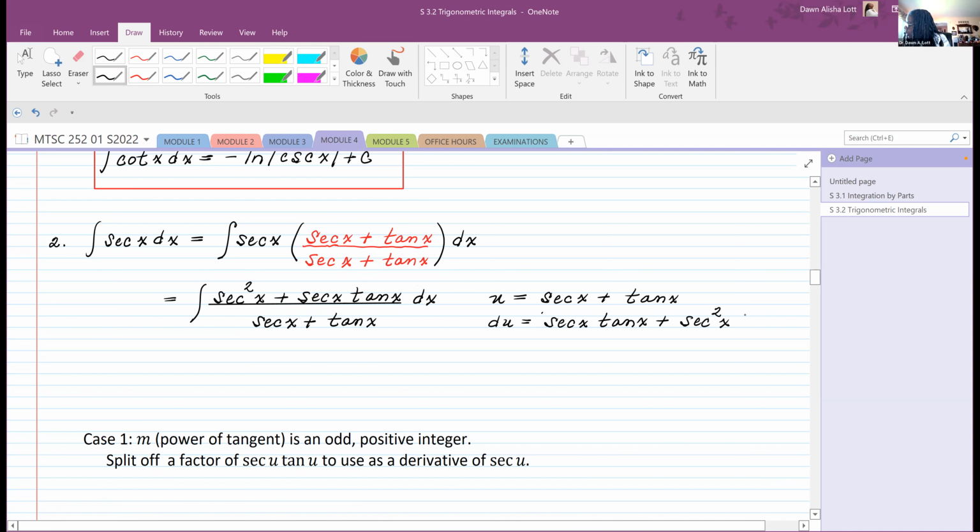And all of that is my du. Well, look, that is exactly what is in the numerator. Isn't that fantastic? Let me even include the du. Okay, so it's a perfect derivative now.